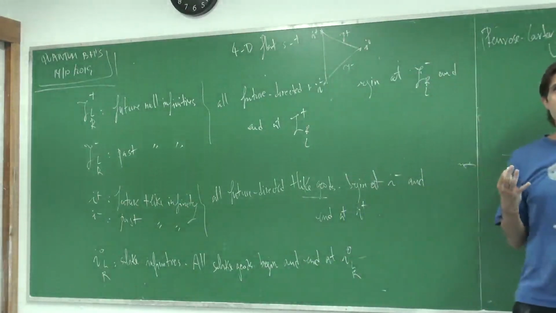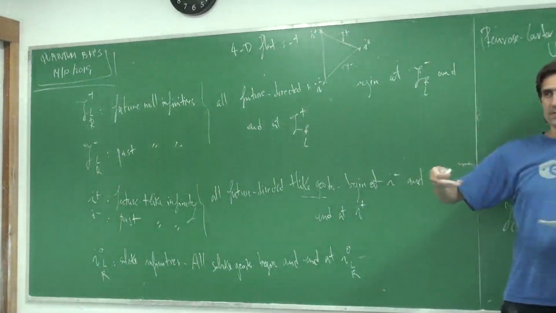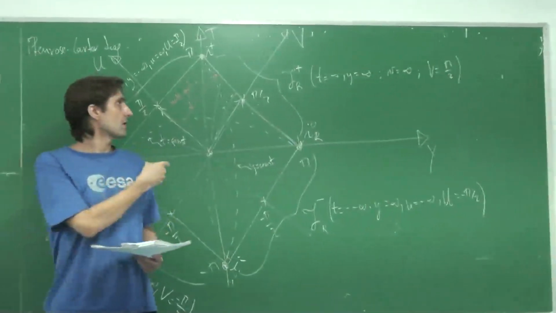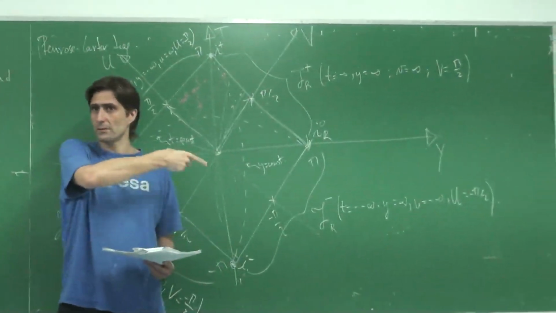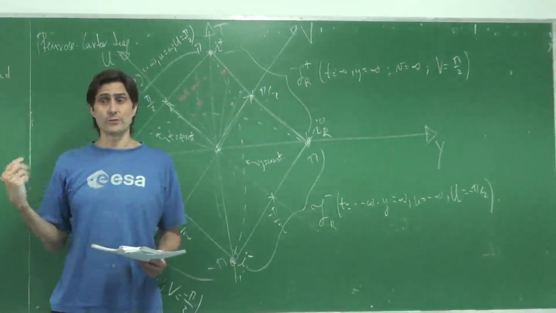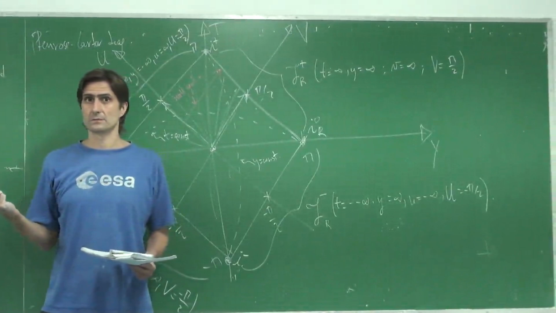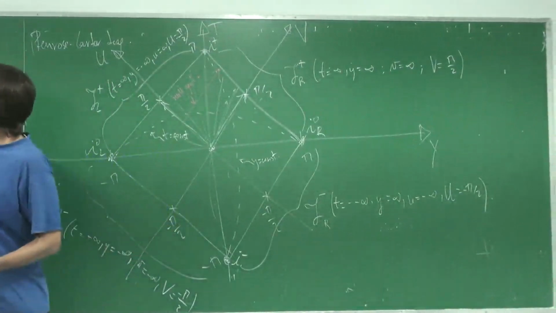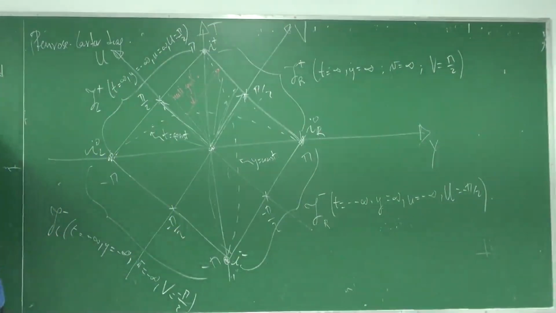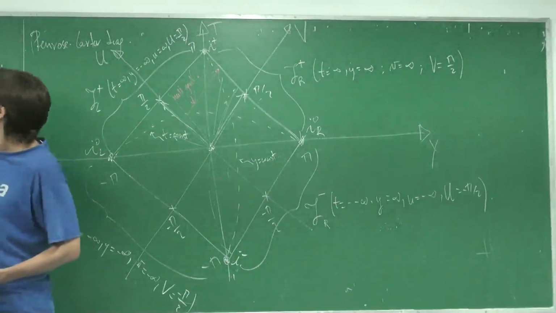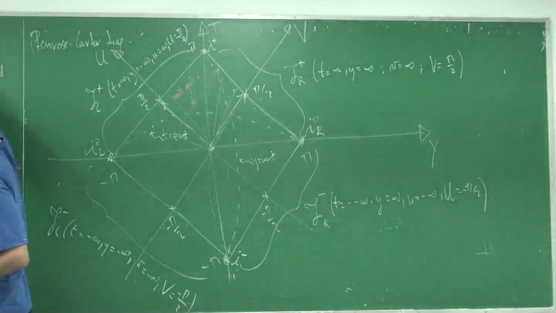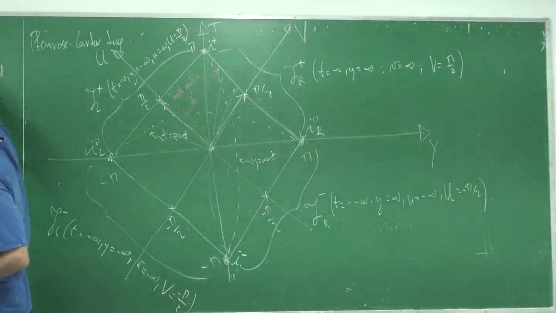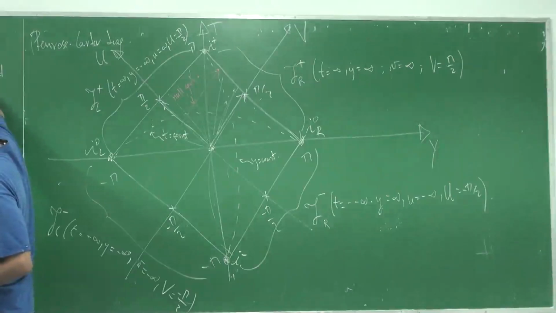Now, in here, the spatial coordinate is no longer a Cartesian type of coordinate that goes from minus infinity to infinity. It's just the radius. That's why you've only got r equals 0 here, and then r equals infinity here, t equals infinity, and r equals infinity here, t equals minus infinity.